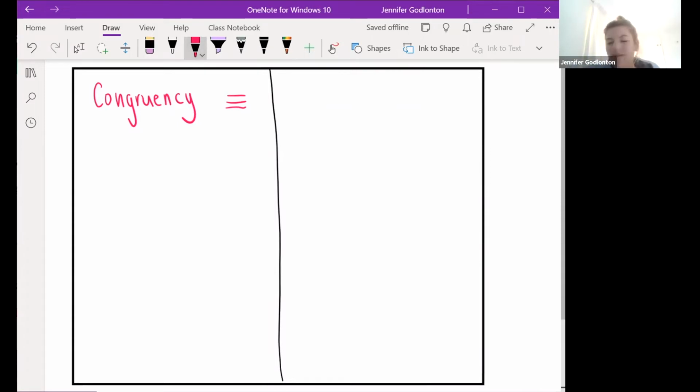Who can give me a very simple sentence to explain what congruency is? What does it mean if two triangles are congruent? Think about it in as simple a way as possible and write it in the chat.